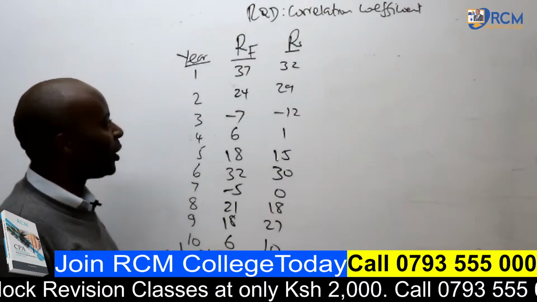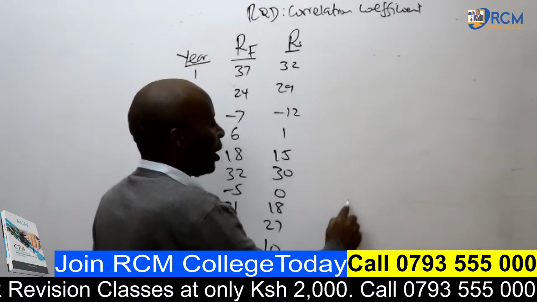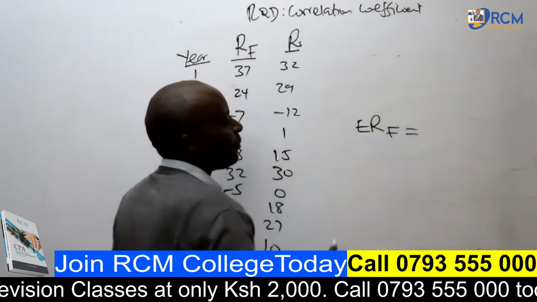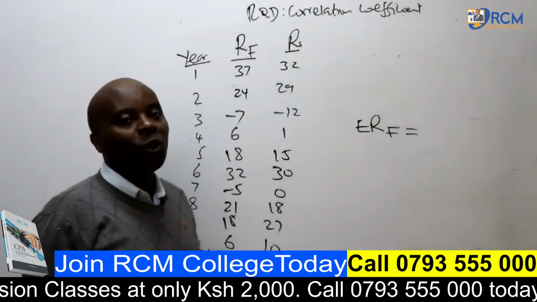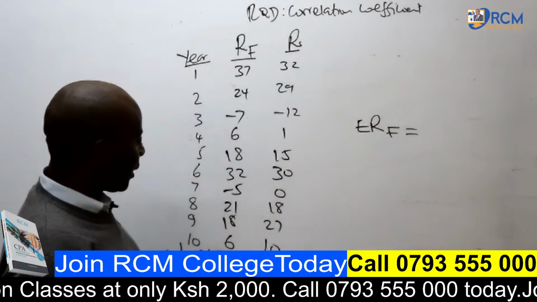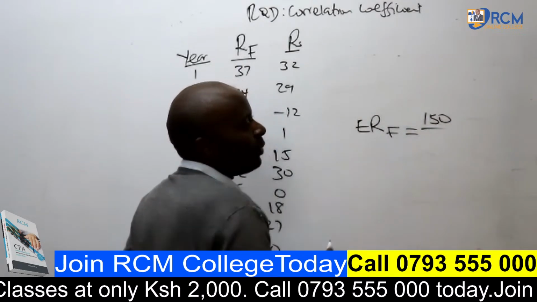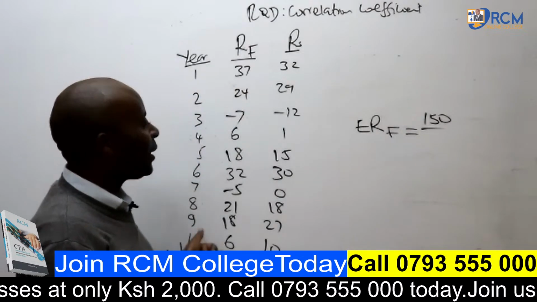Now, having gotten the total returns, I will very easily give you expected returns of F. We'll take the total returns of F, 150, divided by the number of years, here 10.